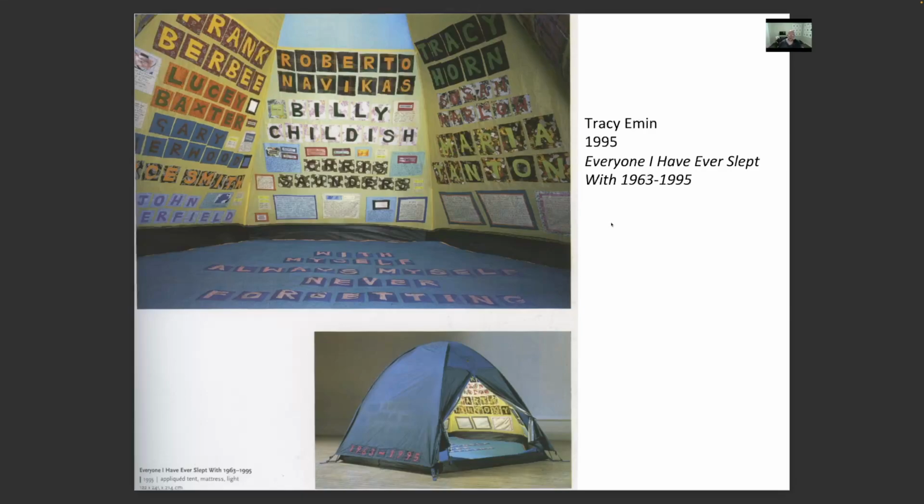This is a piece by Tracey Emin, Everyone I've Ever Slept With, 1963 to 95. I was thinking, quilting is kind of like a collage. She made this tent that you can sort of crawl into and read the list of names and certain situations in which she describes sleeping with these people.